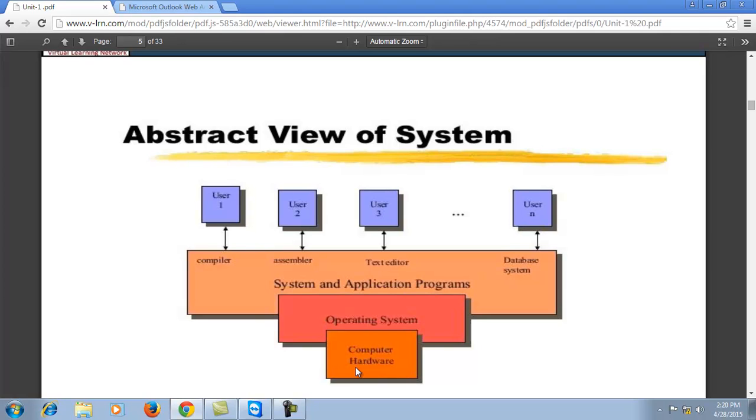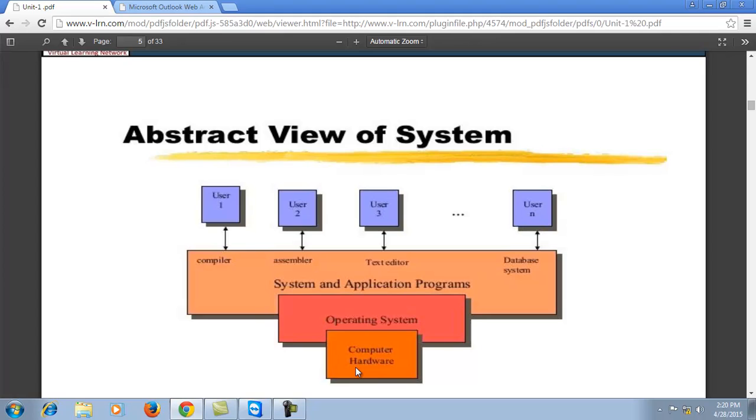The operating system accepts the requests and commands for the applications for a particular task from the end user, generates the results, and performs accordingly at the hardware level.